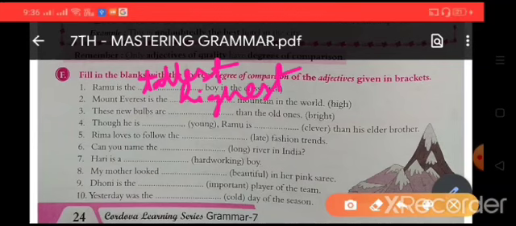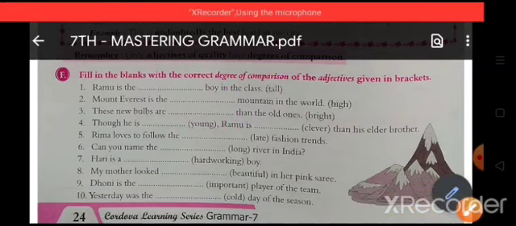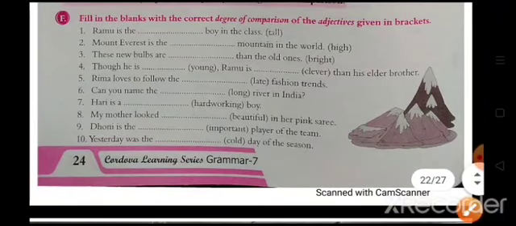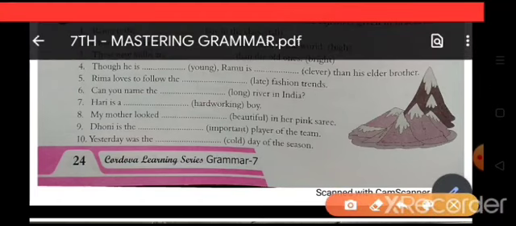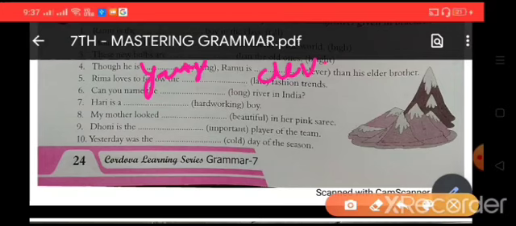mountain in the world. The new bulbs are brighter than the old ones. Though he is dash young, Ramu is dash than his elder brother. Though he is young, Ramu is cleverer.